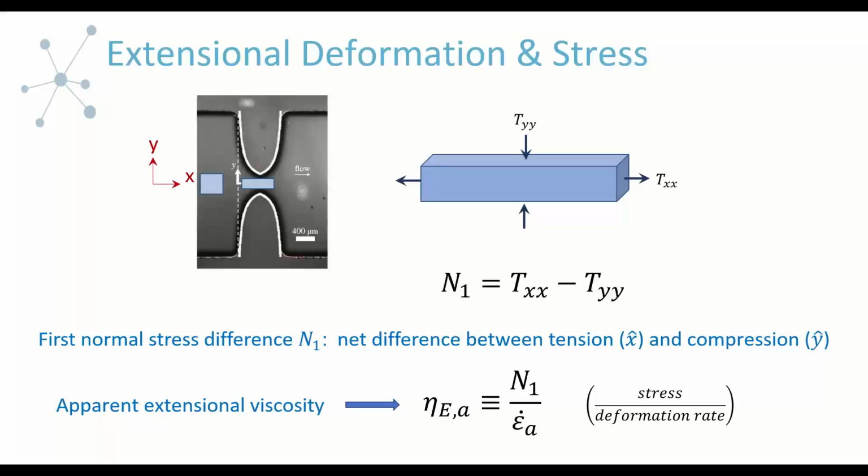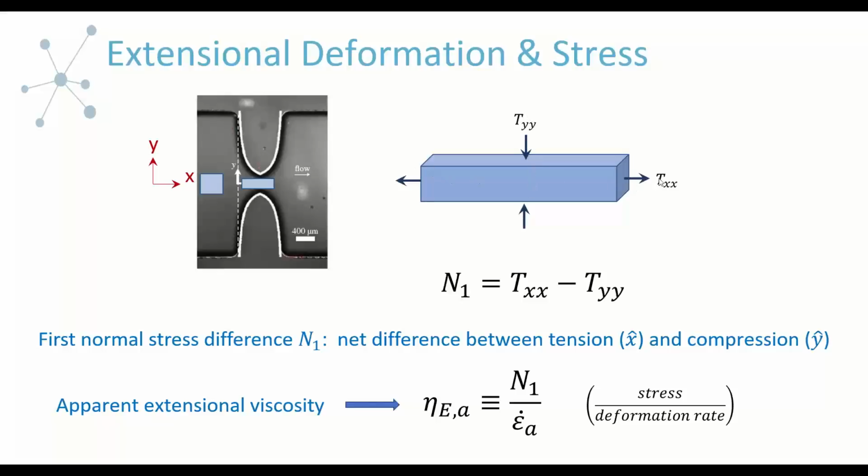Okay, so to visualize what's happening, these little boxes and rectangles are meant to represent the fluid element as it's moving into this constriction or contraction. What happens is we are essentially simultaneously extending this fluid, and this leads to a compression on the other axis.